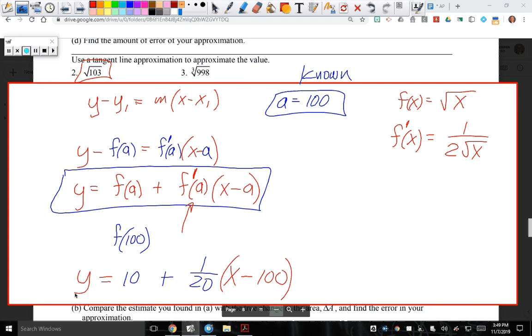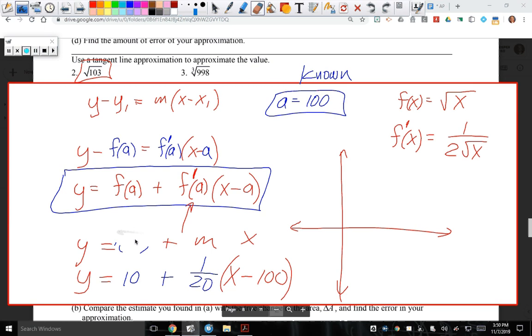What I've just built for myself, listen, is almost like a linear function, well it is, that has, look at this, y equals mx plus b, where b is my y-intercept at 10.